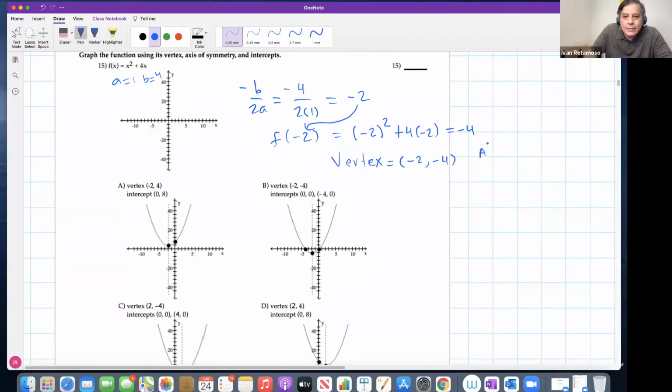And the axis of symmetry should be just x equals -2, right? Axis of symmetry. Very good. So x equals -2.